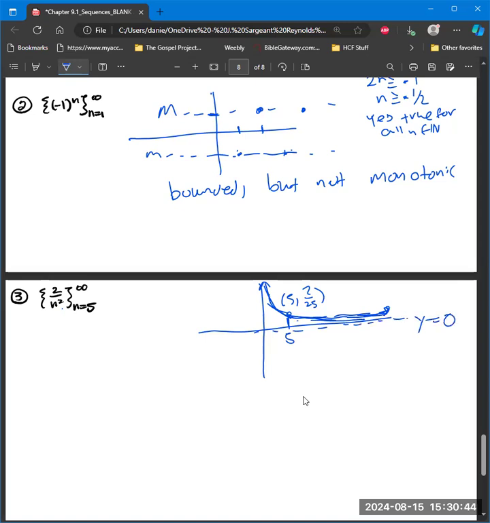Let's prove that. So the limit as n goes to infinity, actually change this to x because our graph there is an f of x, of 2 over x squared equals 0.